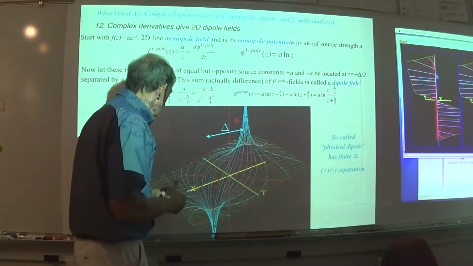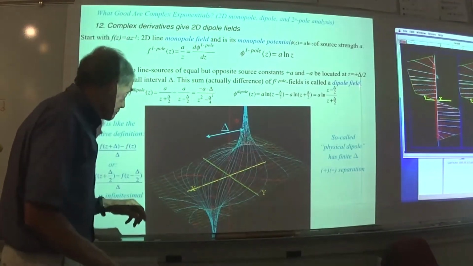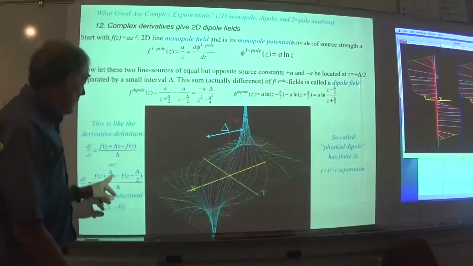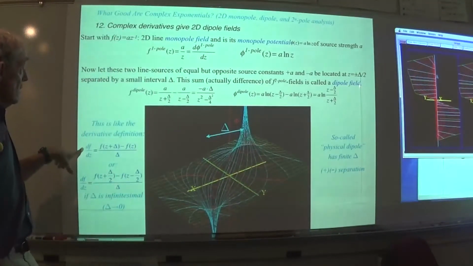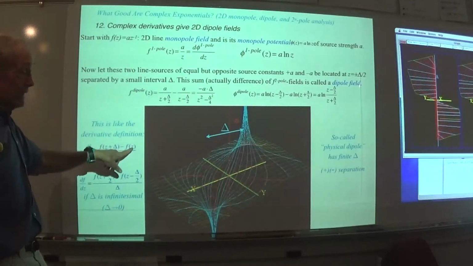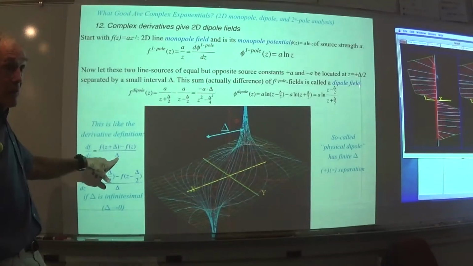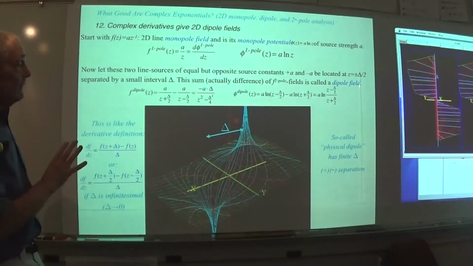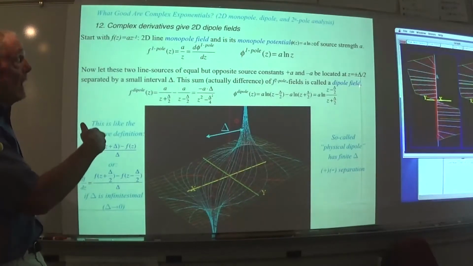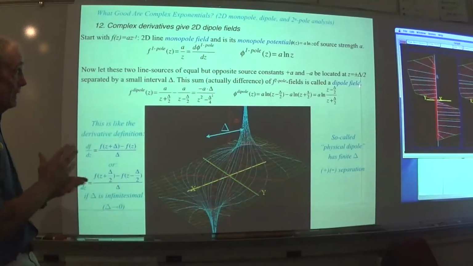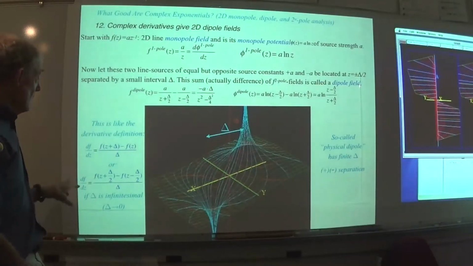And that's the real point here, what we're doing here, and I've got it on that screen down here, but particularly I haven't pointed out, is this is like a derivative. f of z plus delta minus f of z, divided by delta, right? So the process of taking a derivative is what you do to produce higher multipoles in this way of looking at multipole field theory.